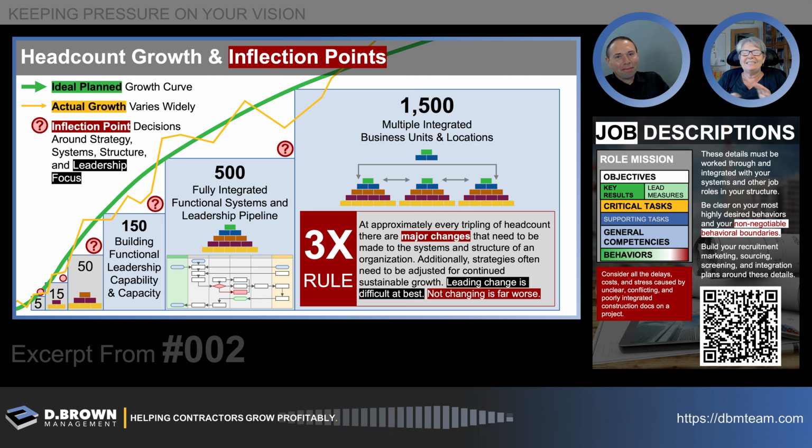Do we even have the right seats on this bus? So yeah, we're backing it up a bit. But it is about the headcount, but it's about having the appropriate headcount in the right seat at the right time.